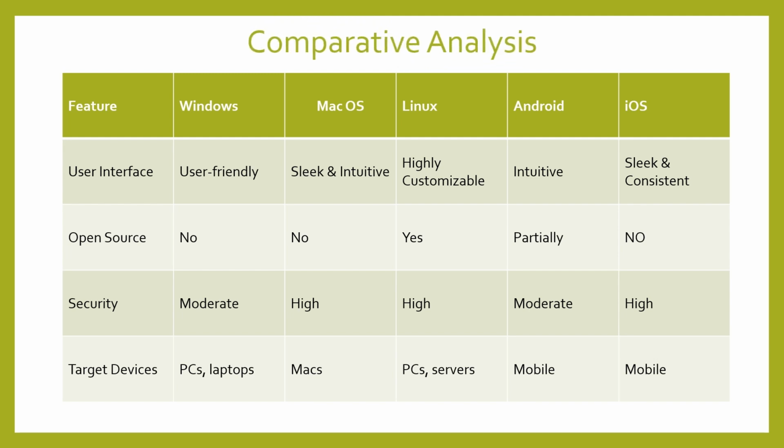Linux operating systems can be called highly customizable. It is also an open source operating system. Security level high. Targeted devices: PCs, servers. Android mobile operating system is intuitive, but it is not fully open source, though it can be called partially open source.